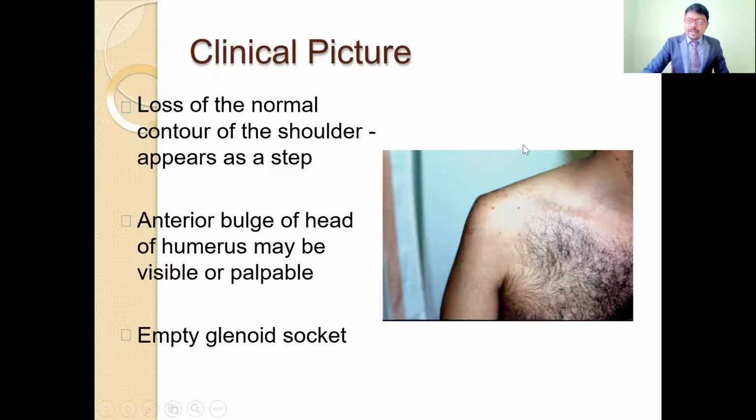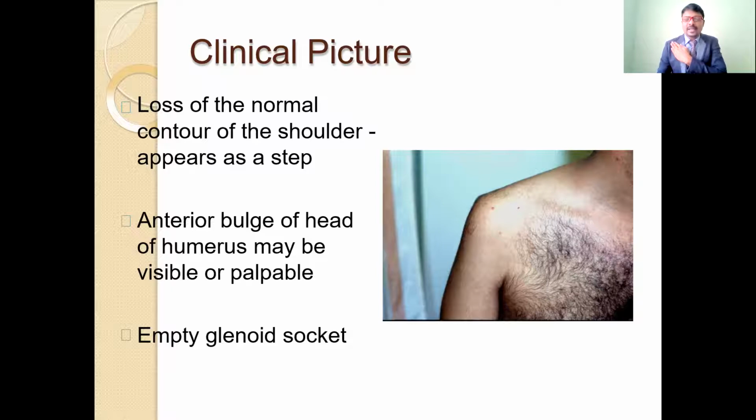And one more important feature is that the anterior side of the shoulder joint is going to bulge because of the head of the humerus. Maybe we can see it clearly, or sometimes we palpate it easily. If it's not clearly visible, at least if you palpate, we can feel the head of the humerus in the anterior compartment.